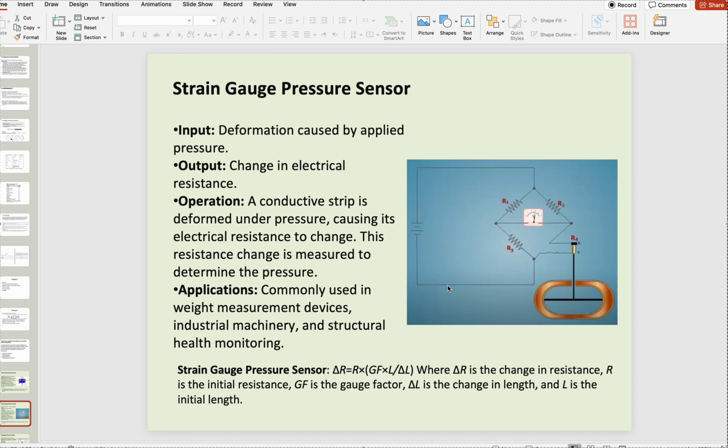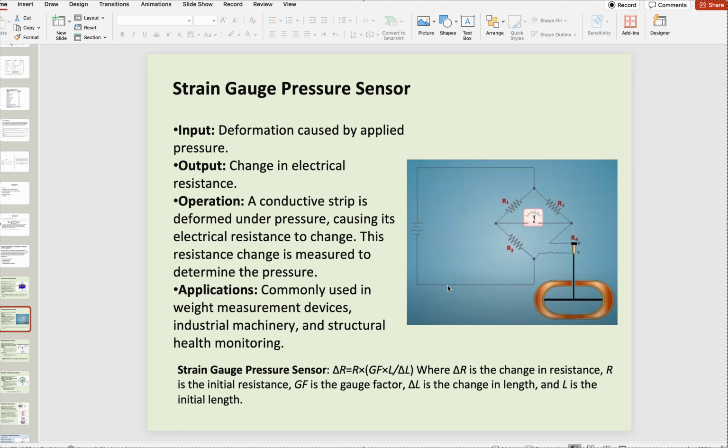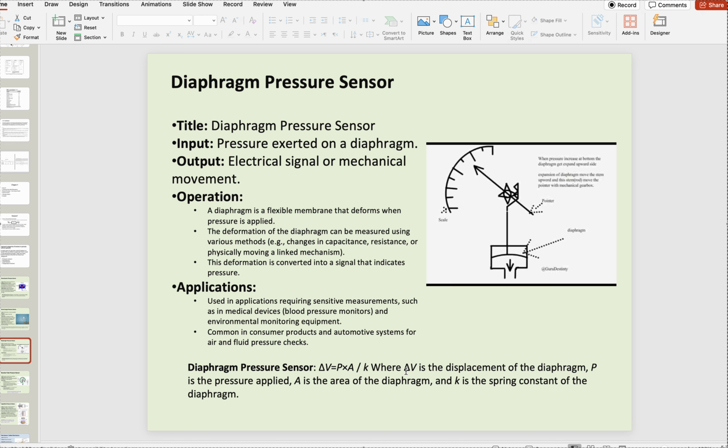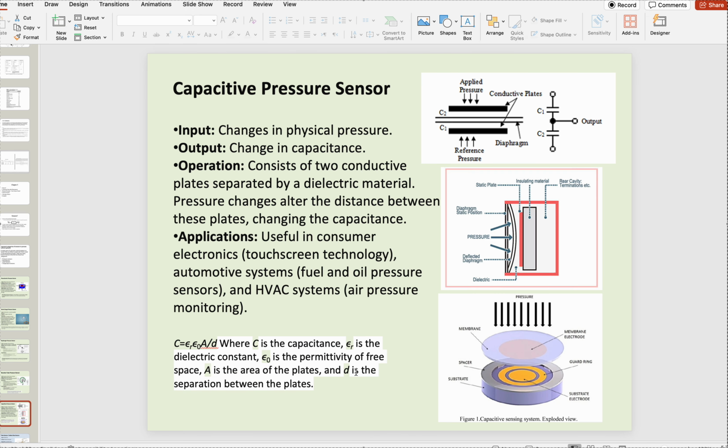Here again, the strain gauge pressure sensor, which is another of those sensors that you need. Remember that this one also has another equation, which is R into GF into L over delta L. Diaphragm pressure sensors have another equation, delta V is equal to P times A divided by K. You don't need to memorize the equations, right? You just need to understand them so that you know how to apply them.